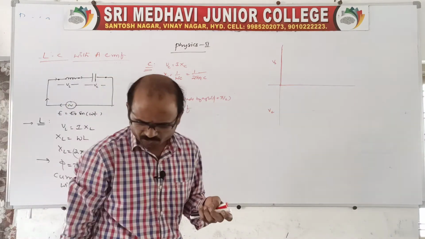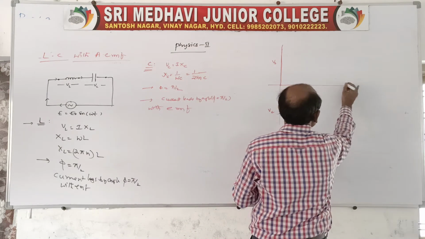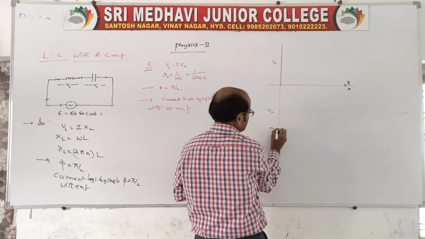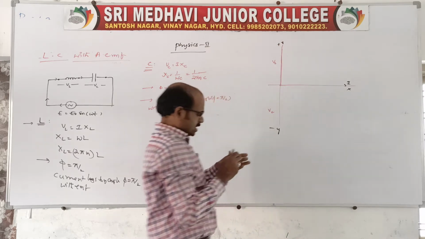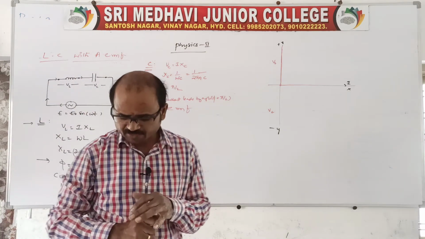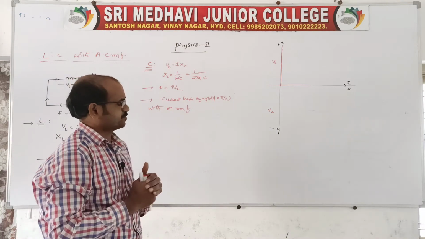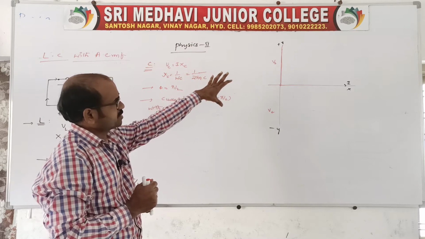When there is a current flow, take the x axis, with minus y and plus y. There are some conditions, and on this basis we need to find the resultant potential difference between VL and VC.